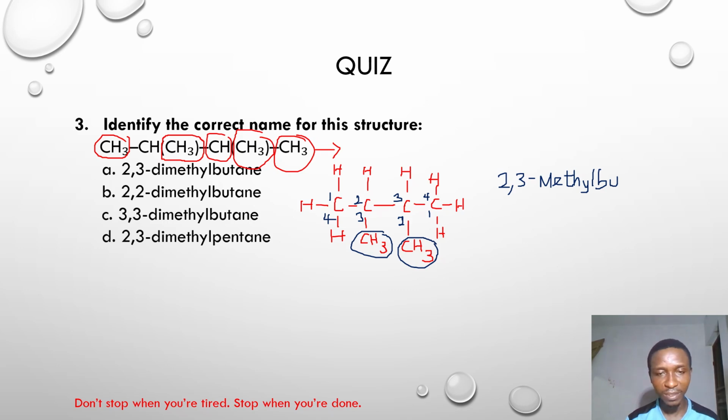Sorry, that won't be methyl, that will be di, because it's 2-methyl now. 2,3-dimethyl butane. Then do we have that in the option? Yes, that is option A. Alright, we are done with the quiz. Now let's move to the next slide.